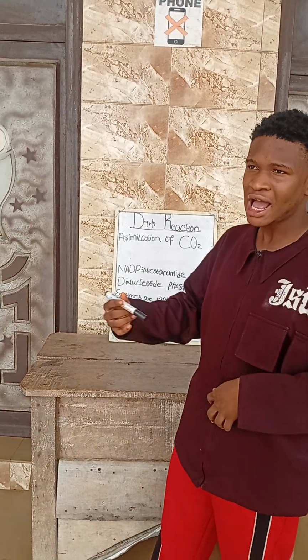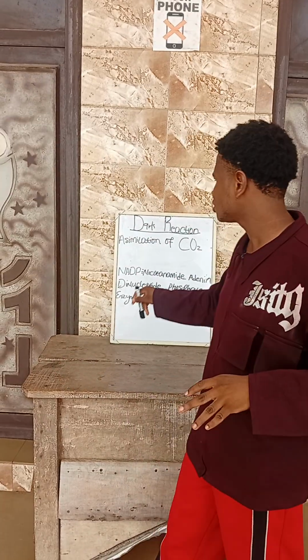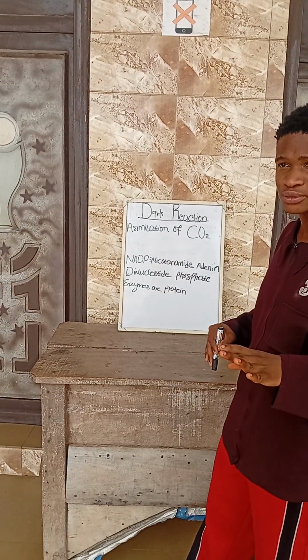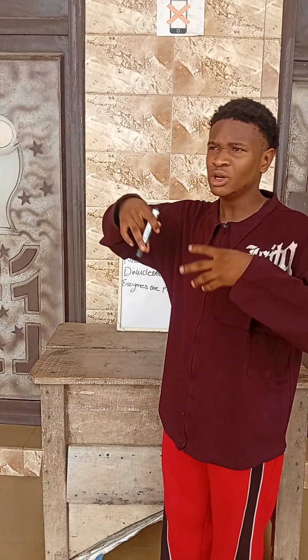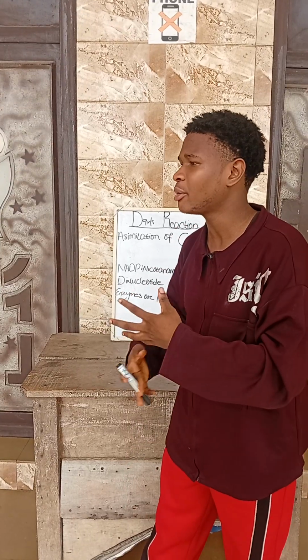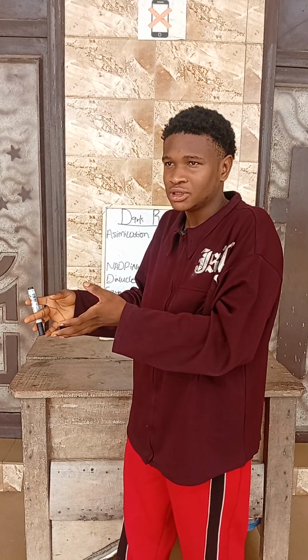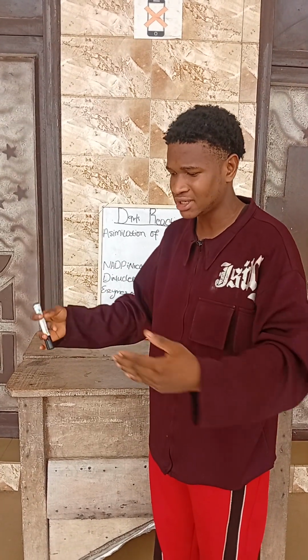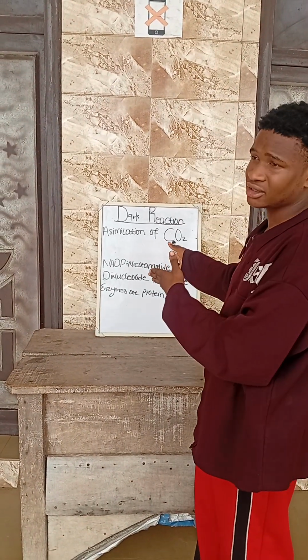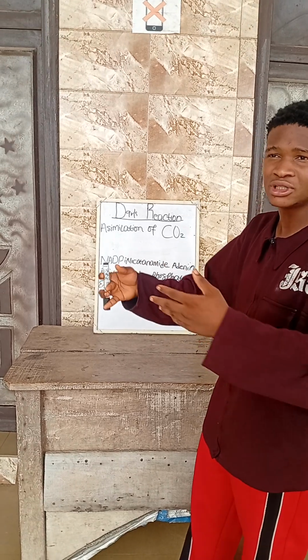Do you remember that in light reaction this enzyme picked hydrogen ions? Then these hydrogen ions are supplied when assimilation of carbon dioxide is being done. Those hydrogen ions will now be further used to produce starch, by a stepwise reaction that is guided by an enzyme. Each stepwise reaction is guided by an enzyme.